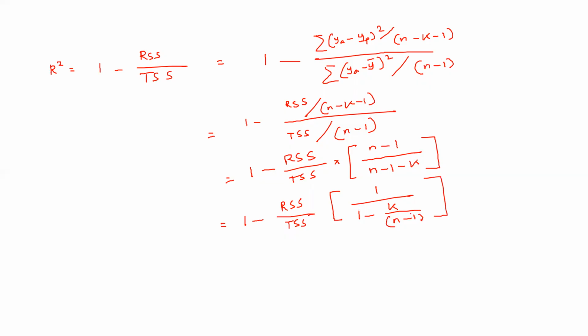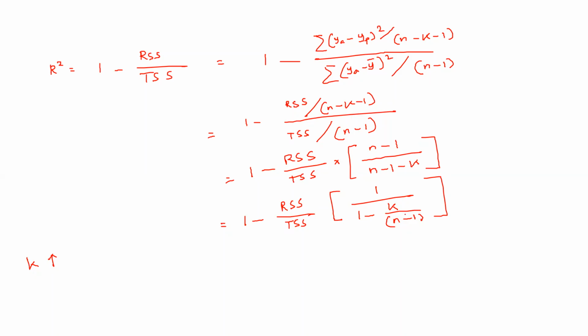This is how it comes here. Now you see what I'm trying to say. If k increases, means the number of independent variables increases, what happens to 1 minus k by n minus 1?